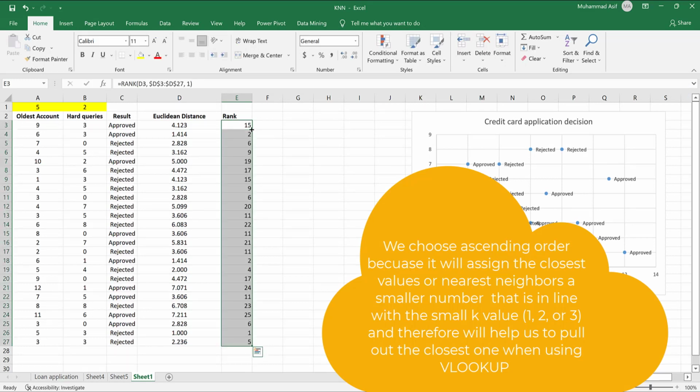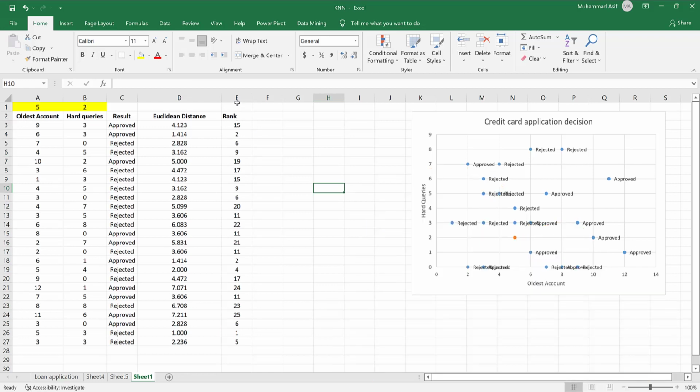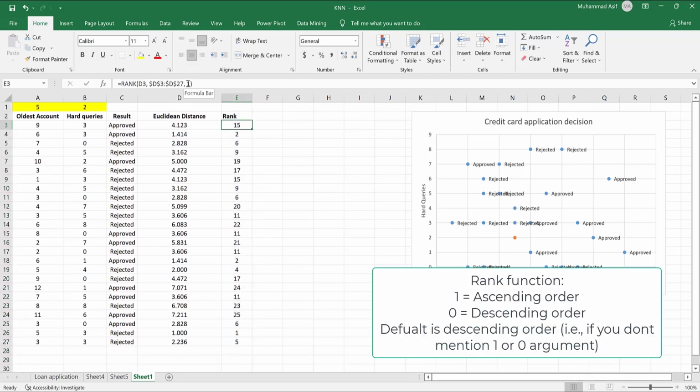Now I would pause here to discuss a few things about this ranking function. In our ranking command, I used 1, which means ascending order. If instead of 1 I use 0, then it will rank by descending order. In ascending order, the highest value, for example 7.22, also appears at the highest rank, 25, and our lowest value appears at rank 1.